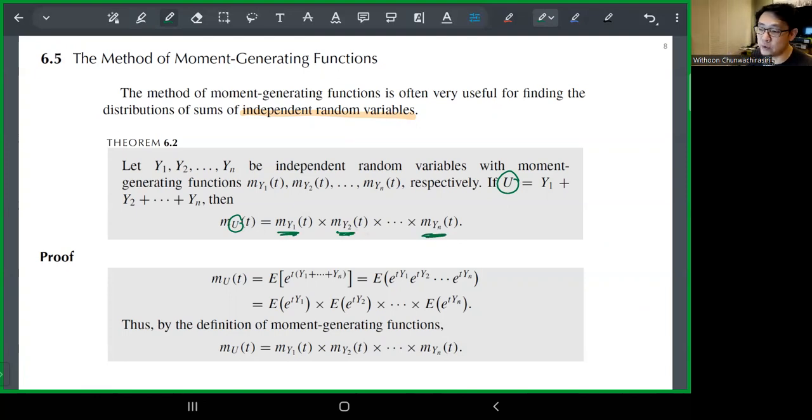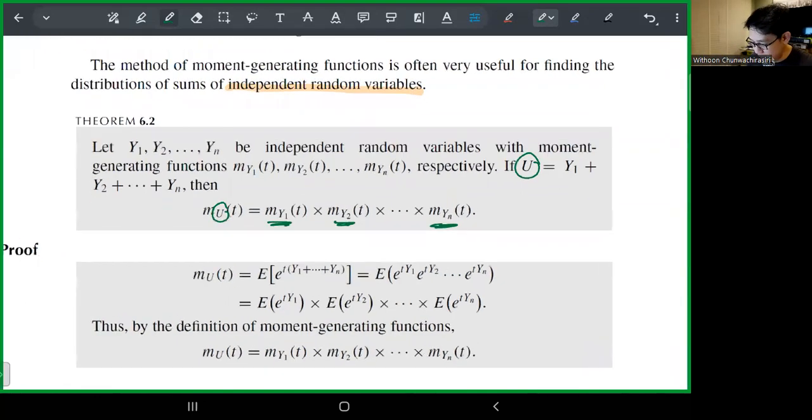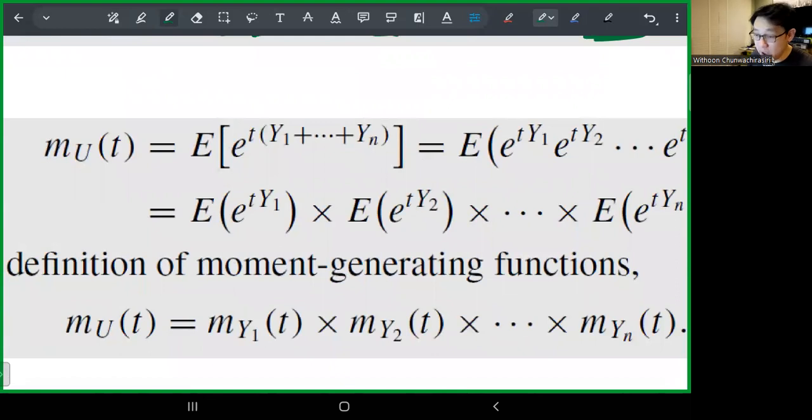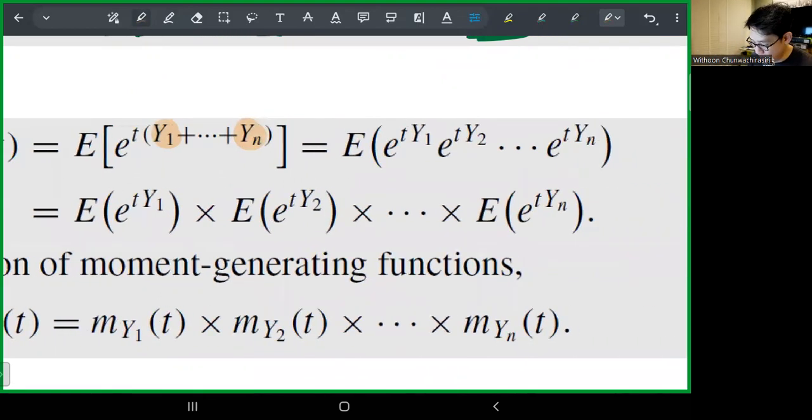All right. You can prove this easily, and the proof is actually pretty quick, because all you have to do is find the moment generating function of u, where u is simply the sum of all the y's. You know that the exponential with the argument in summation form can be put in a product form, right? You split each term into its own exponential that is multiplying.